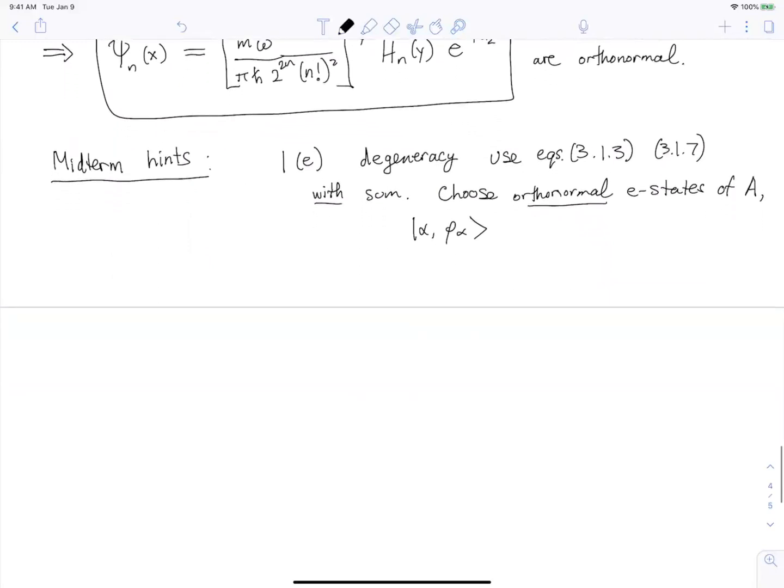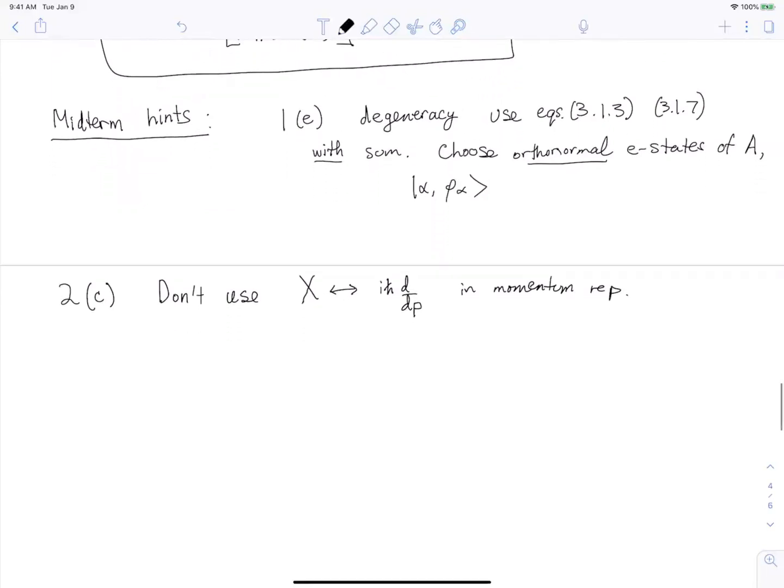Okay, problem 2. This is something that tripped up many people. Many people decided to use, and don't do this, the momentum representation in which the operator x is represented by the differential operator acting on psi tilde p, i h bar d by dp. So why shouldn't you do that?